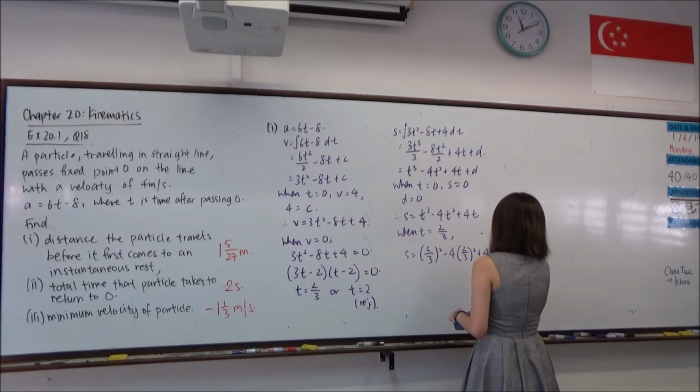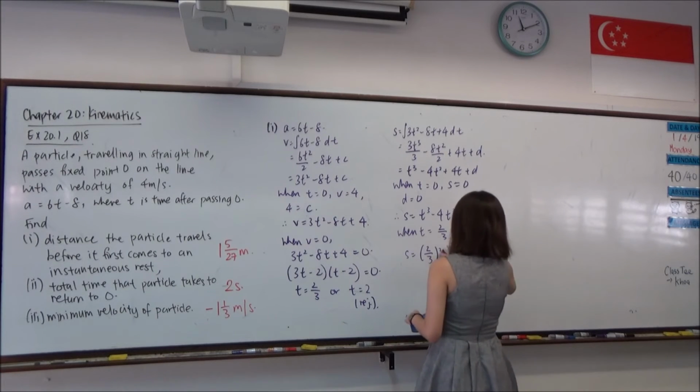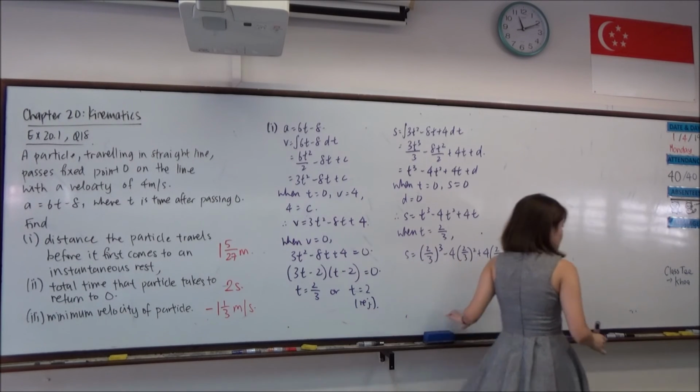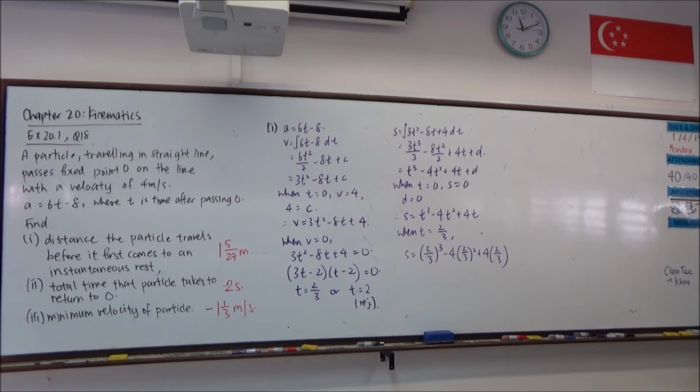When S equals 0, then you factorize out, then get T equals to each.